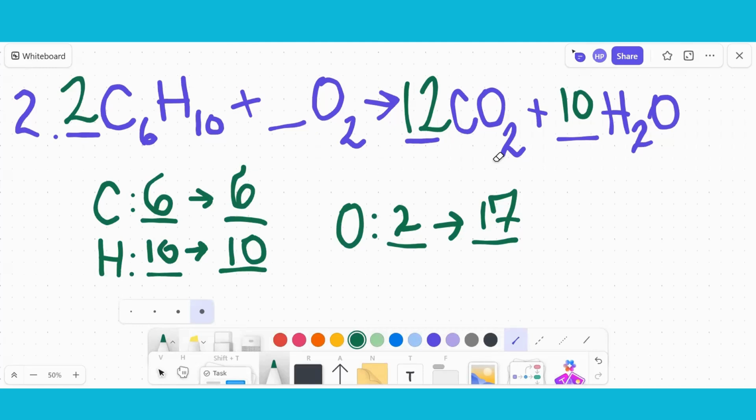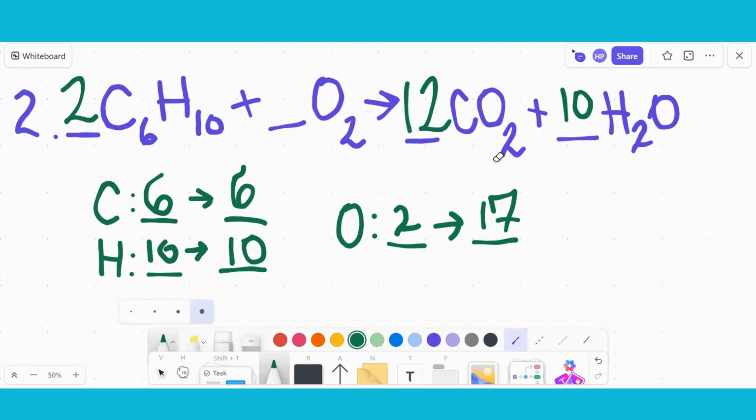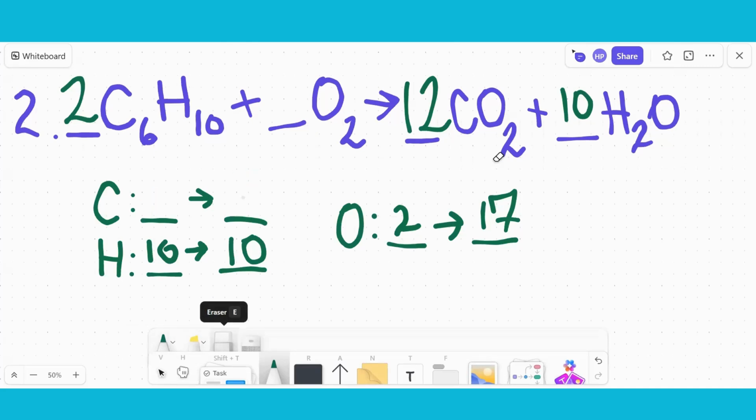And to do that, this O1 species needs to be multiplied by an even number coefficient. Because an odd number plus an even number is always going to be odd. So now let's redo our counts and make sure everything is up to date.